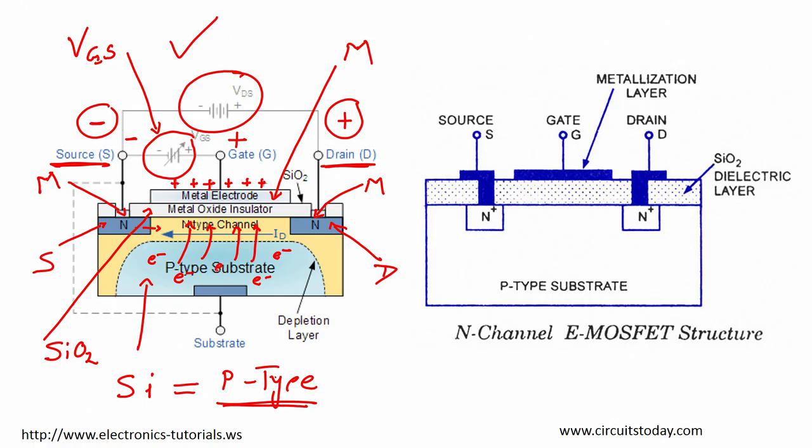So, the minority carriers, which are electrons, will get attracted towards the gate because the gate is positive. Since they get attracted towards the gate, these electrons will form an n type channel, which is written over here. You see, this is what is given.